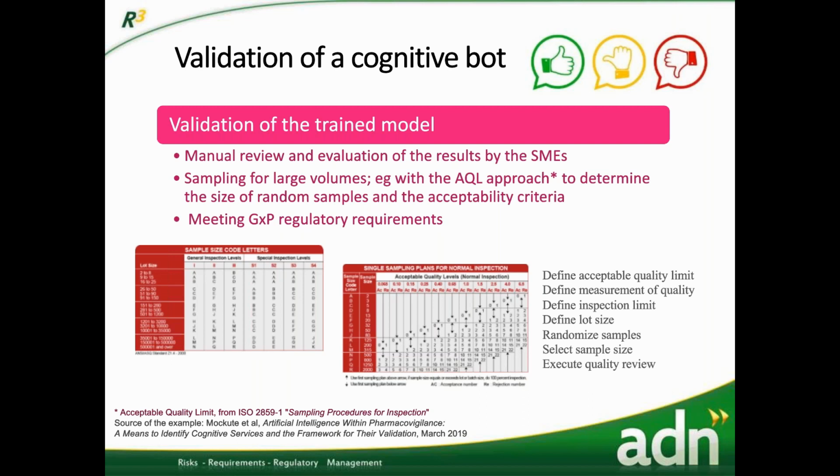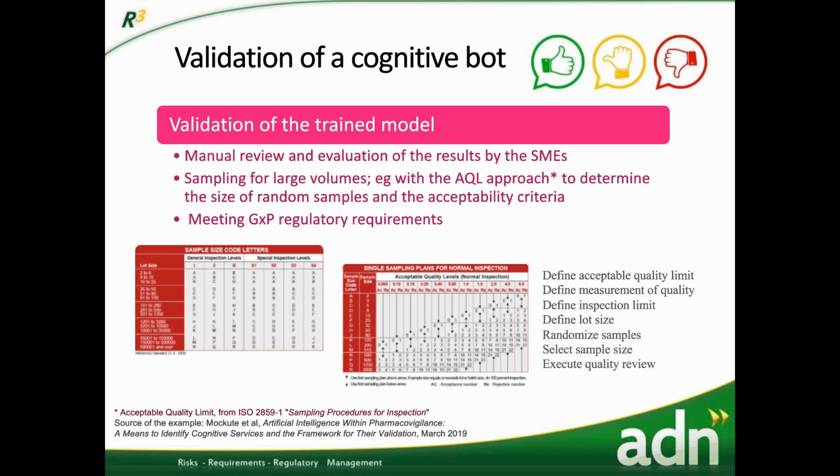It helps to determine the size of random samples and acceptability criteria, and it meets the GXP regulation requirements for sampling of large amounts of data.